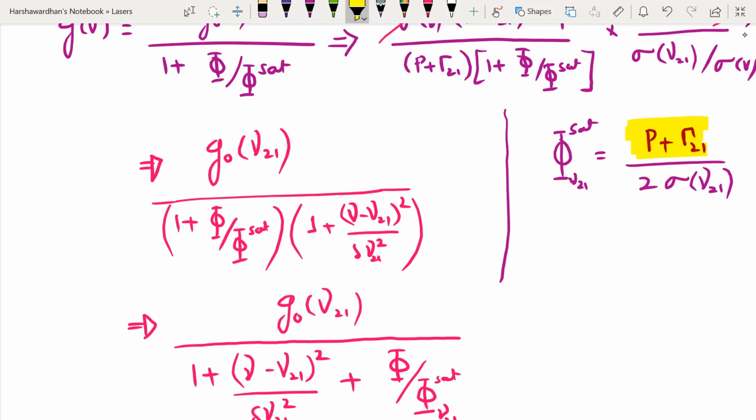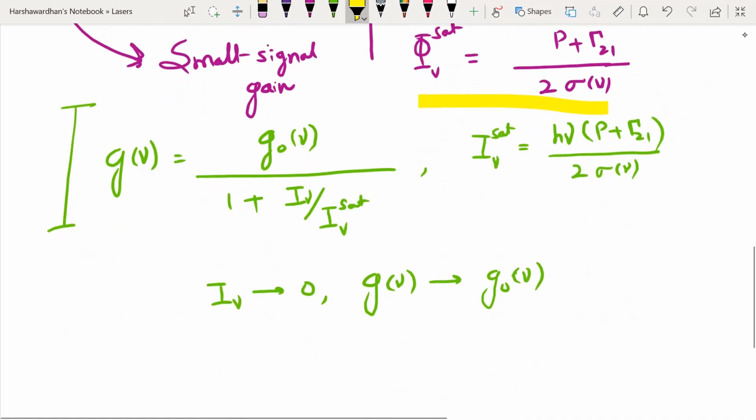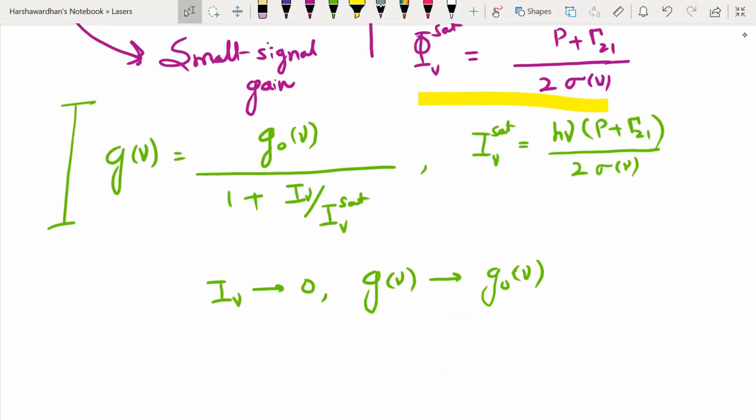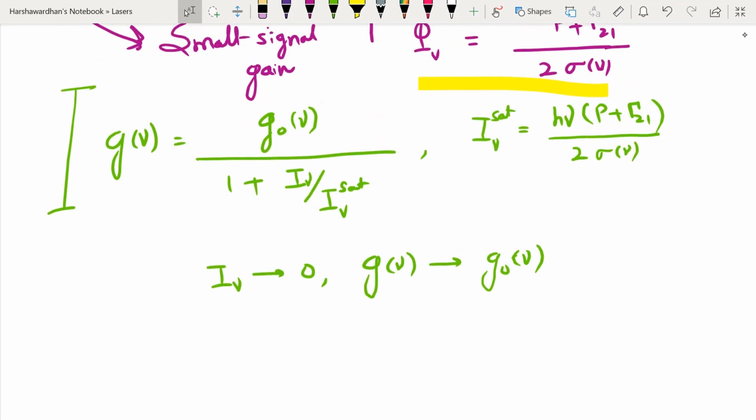And larger the decay, larger is going to be the flux of photons required for obtaining saturation. So these kinds of dependencies are absolutely generic, but the actual form for this has been obtained only for the three-level system, even though this final form of the gain is quite general and applicable very widely.